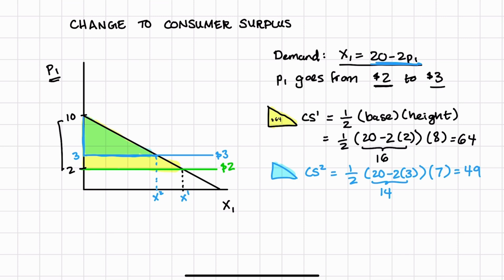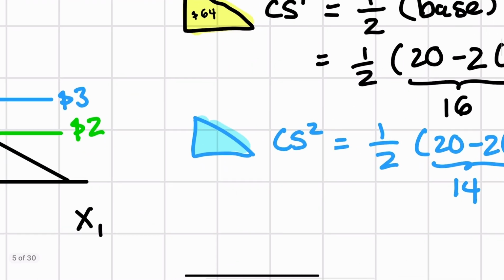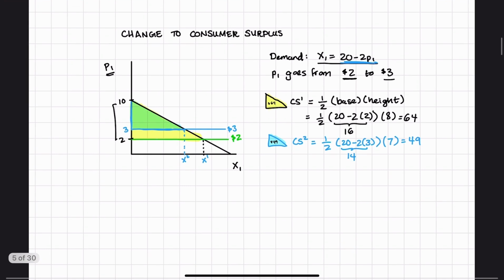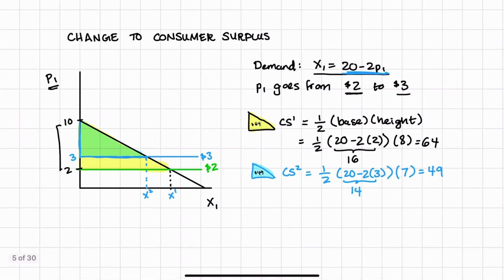And so I guess I'll label this here. This is 49. So our consumer surplus goes from being $64 to $49. It's a reduction in the consumer surplus because the consumer is less well off when the price of the good that they're consuming goes up.